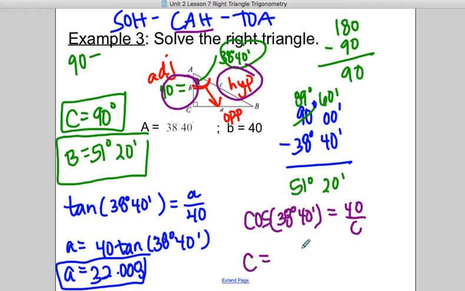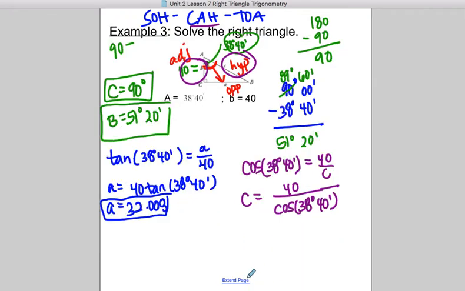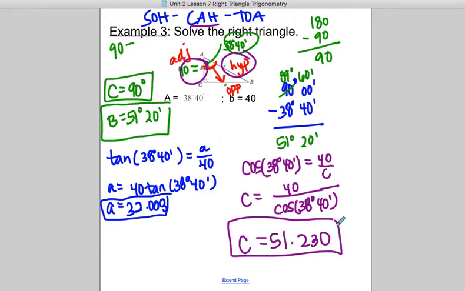So C equals 40 divided by cosine 38 degrees 40 minutes. You type this into your calculator and you should get that C is equal to 51.230. And those are all of my values in my right triangle. So that's example 3.